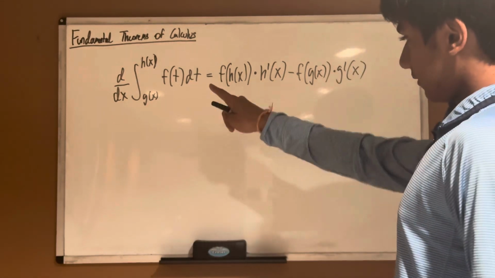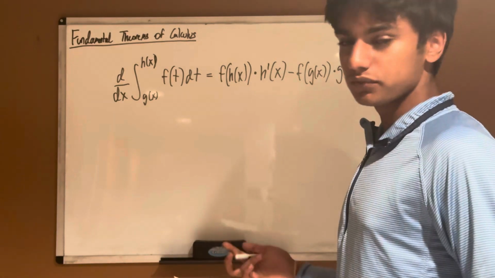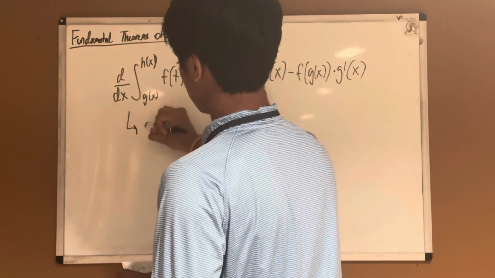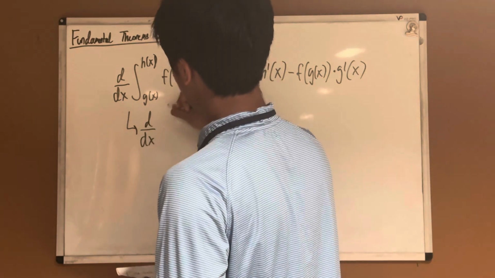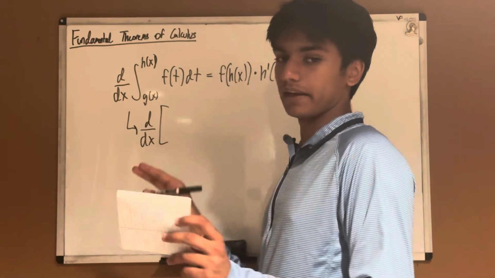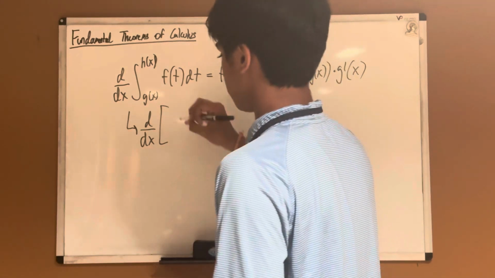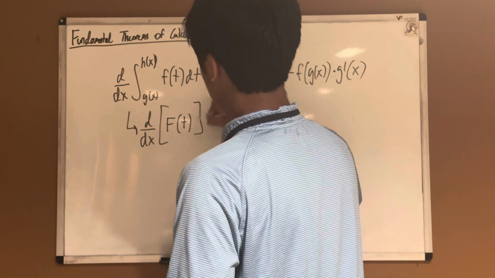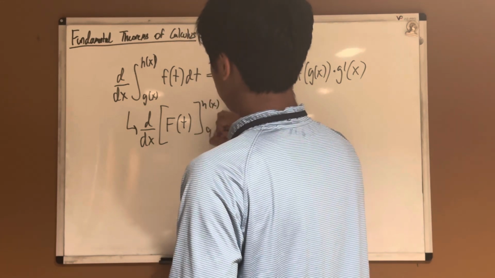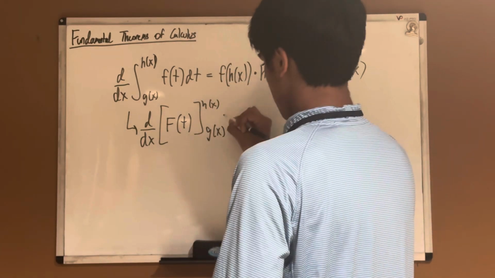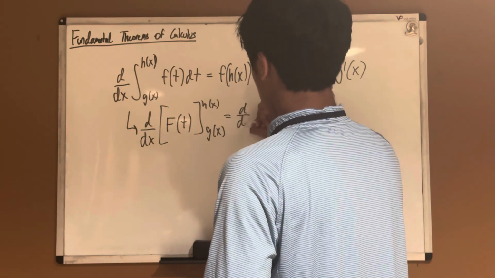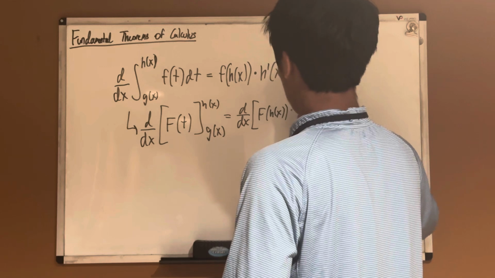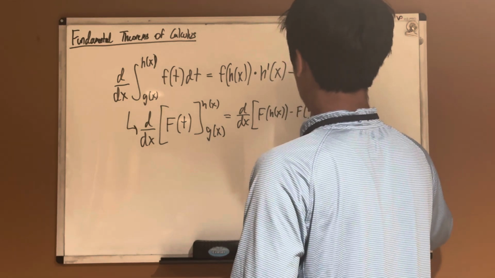So why does this relationship hold? The easy way to think about it is, let's imagine that we integrate this, so we get the derivative of big F of t, we'll call big F the antiderivative, from h of x to g of x. Now using the fundamental theorem of calculus, we know that this becomes the derivative of F of h of x minus F of g of x.